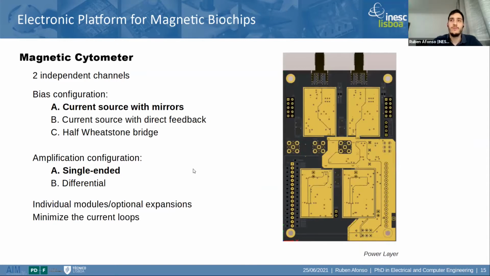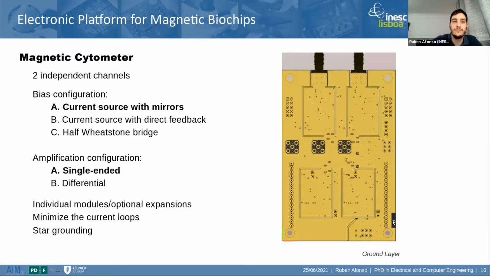Connectors are also used to allow a future expansion of this board using external modules. During design, the current loops were also minimized using only 2 planes for the power distribution that we can see in this image and the ground plane. As you can see in the picture, assuming that the battery is connected here, the current can only flow inside and outside of each module through these gaps.